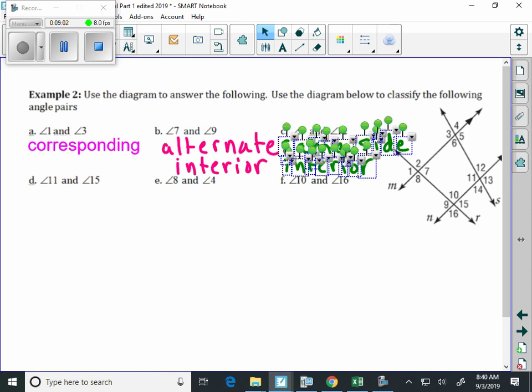Angle 11 and angle 15. Angle 11, angle 15 on alternate sides. So we're going to say alternate interior.